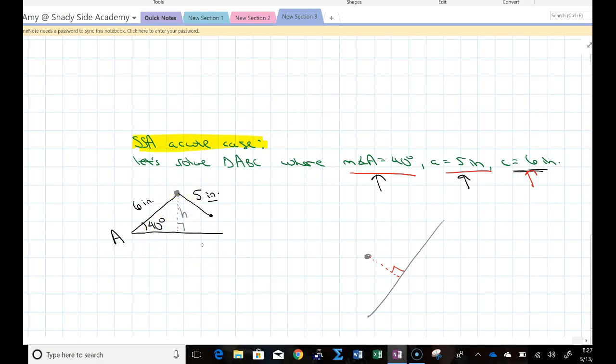So here's my question to you. h is the shortest distance from this vertex to the base. If h ends up being bigger than 5, one more time, if h is a number that's bigger than 5, as this 5 swings around, will this segment hit this base?